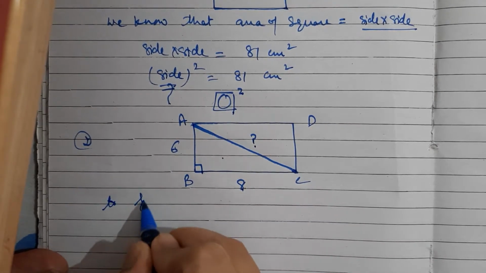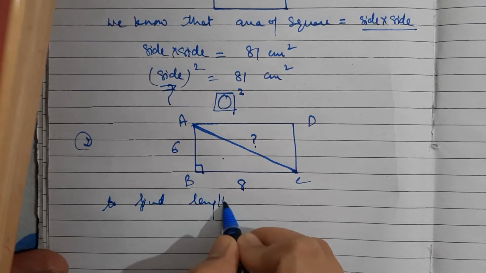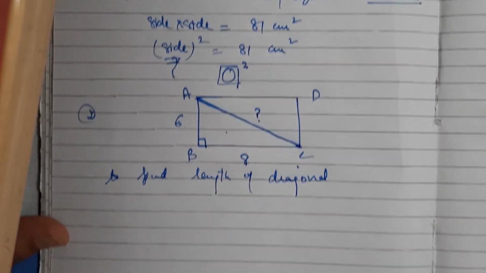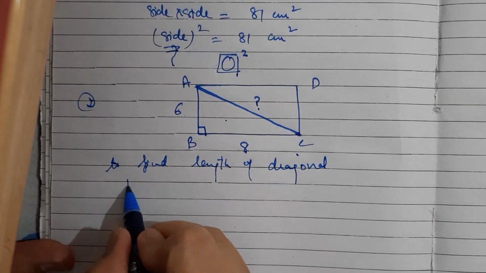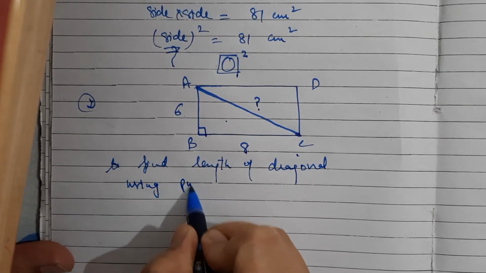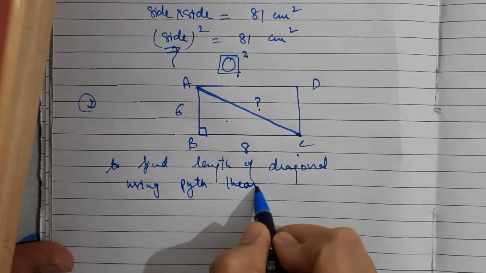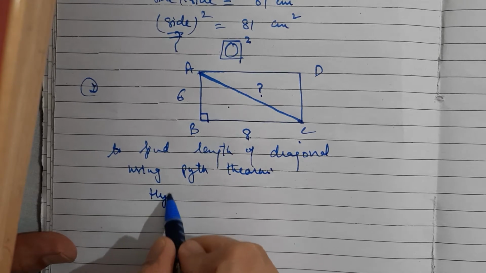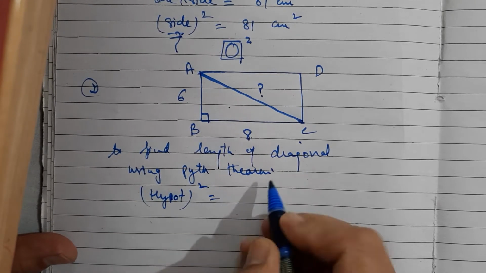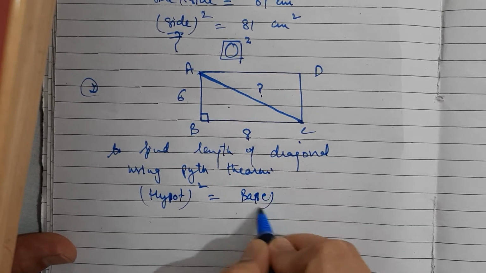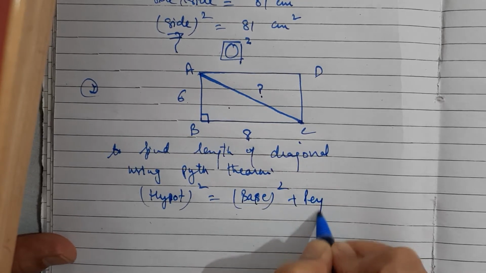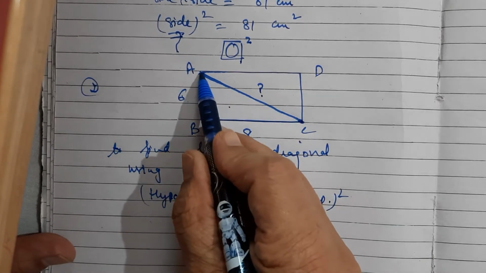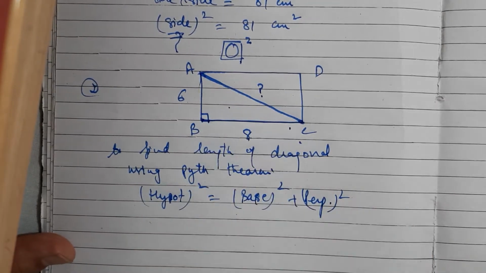So what is the length of the diagonal? To find the length of diagonal, what we have to do? We have to use here Pythagoras theorem. In Pythagoras theorem, we know that hypotenuse square is always equal to base square plus perpendicular square. So this is the base of the triangle, this is perpendicular of the triangle, and this is the hypotenuse.